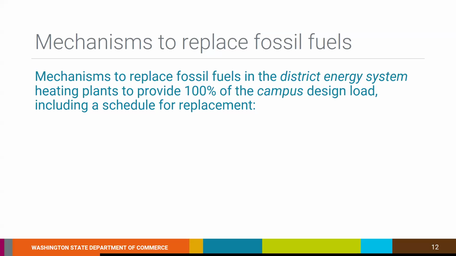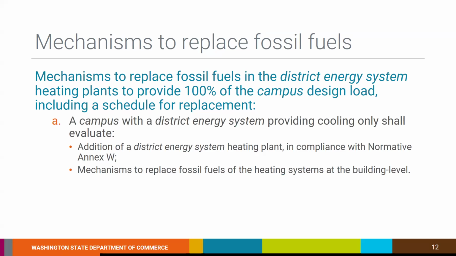So, the whole purpose behind House Bill 1390 is to replace fossil fuels in our district energy systems, heating plants. As Annalyn spoke of in the previous slides, there is a definition for state campus as well as campus.